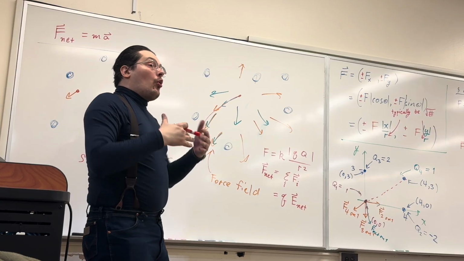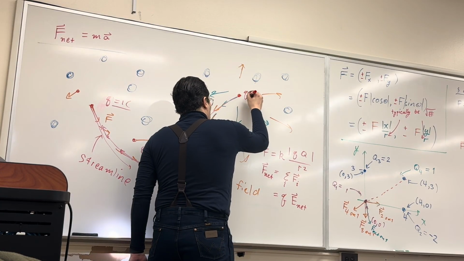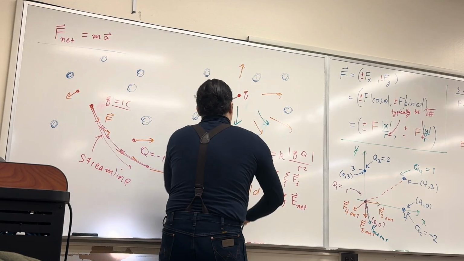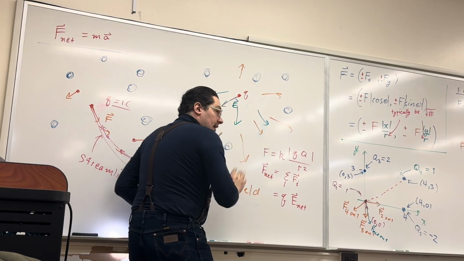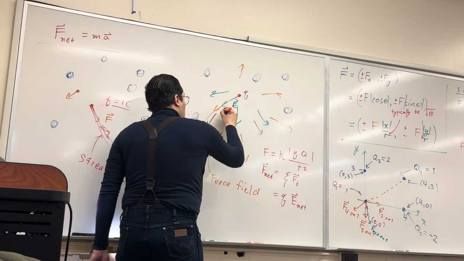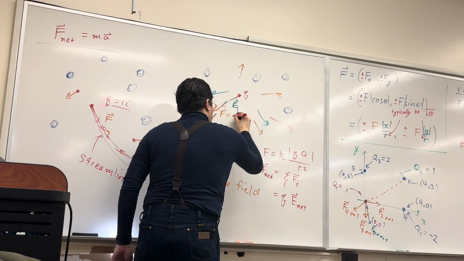And if I were to put a point charge of some charge Q at a given point, and the electric field at that point is the net electric field, then the net force on the charge would be simply Q times that electric field.